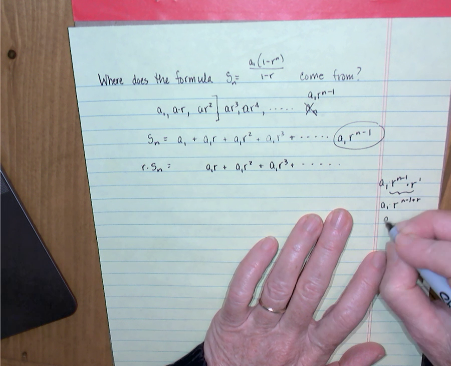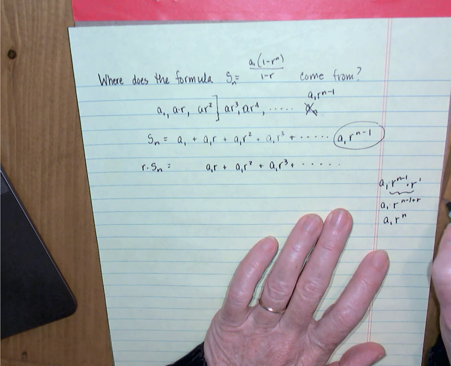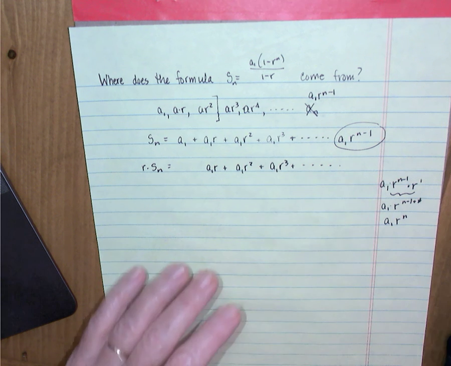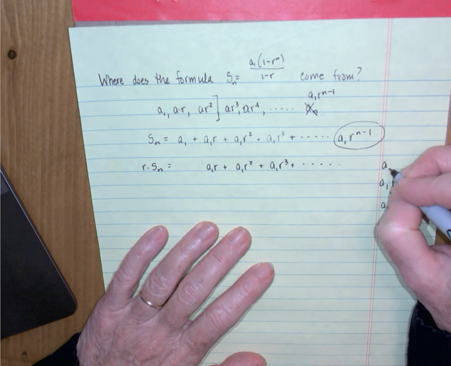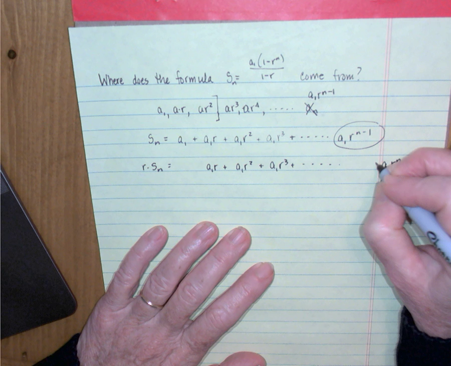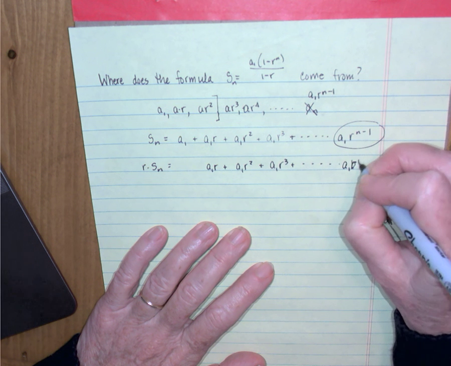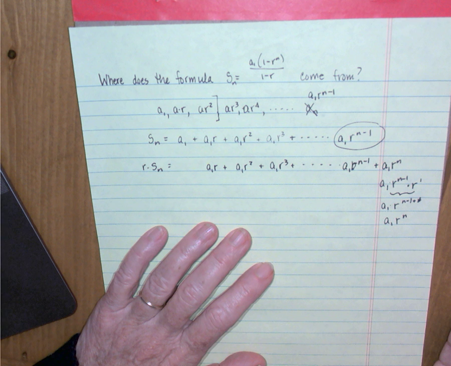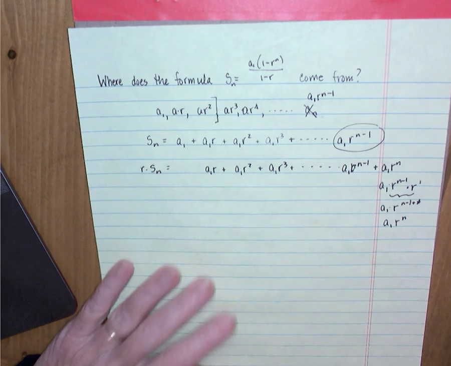So that's just going to give us a sub 1 r to the n. So here I'm going to have a sub 1 r to the n. Okay, now before that, the term before it is still going to be a sub 1 times r to the n minus 1, right? Because if I go in this direction, the exponents go down.